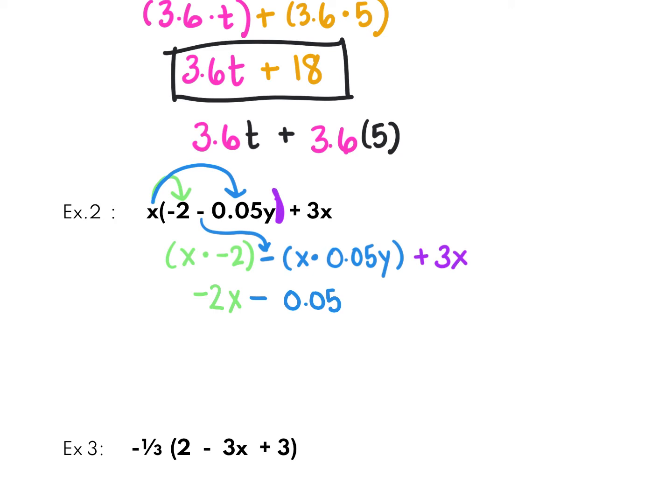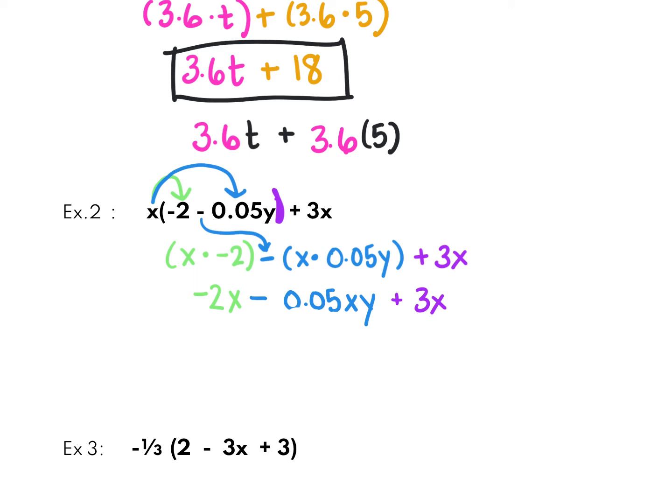Typically in algebra, we put our variables in alphabetical order, so I'm going to squeeze that x right in there. If you were to write yx, they are the same thing. That is okay. I'm just going to erase that for now to clean that up. And last but not least, we have our plus 3x at the end.